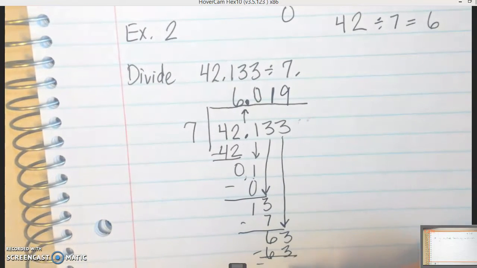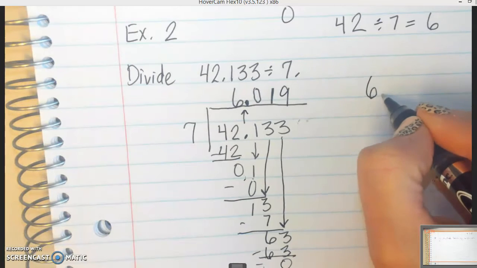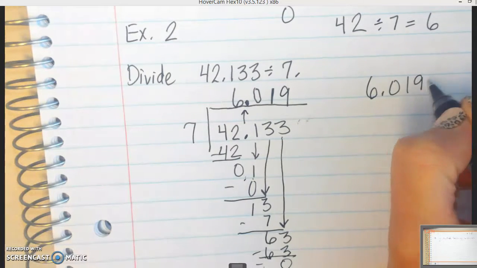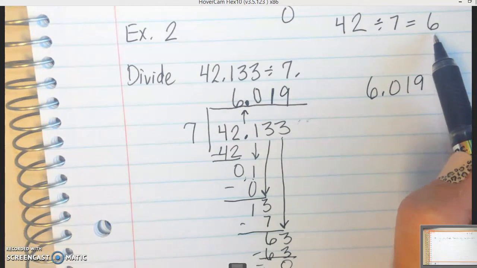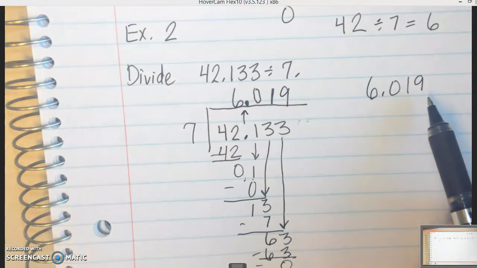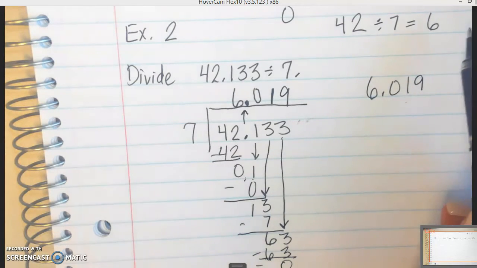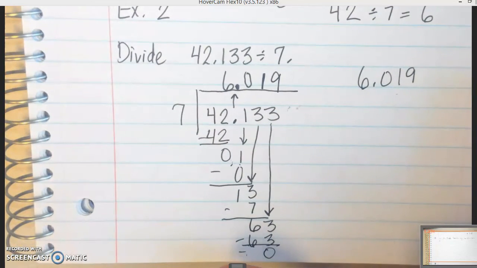So when I subtract, I get 0. I don't know why I put another subtraction sign, but we get 0. So my answer when I divide is 6 and 19 thousandths. Was it close to 6? Yes, it was very close. If this was money and we had to round, this would be $6.02. So it would be very close to just $6. Any questions there?